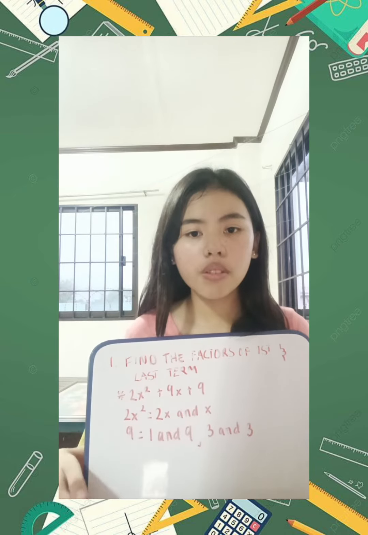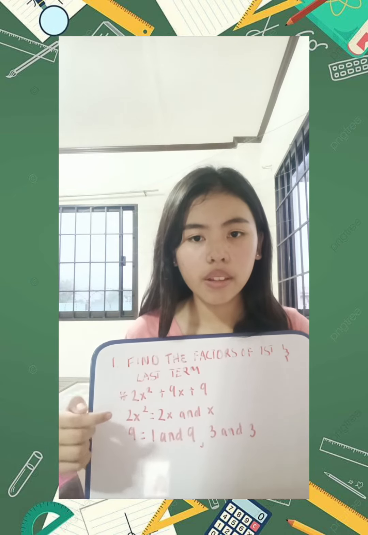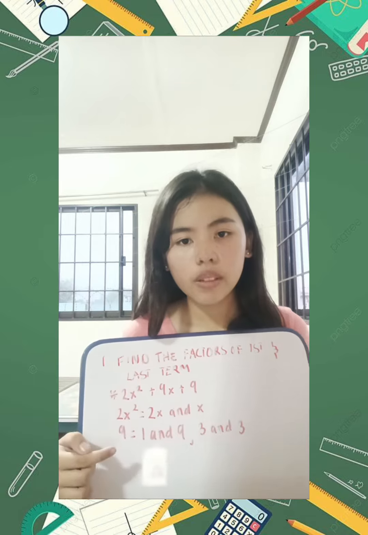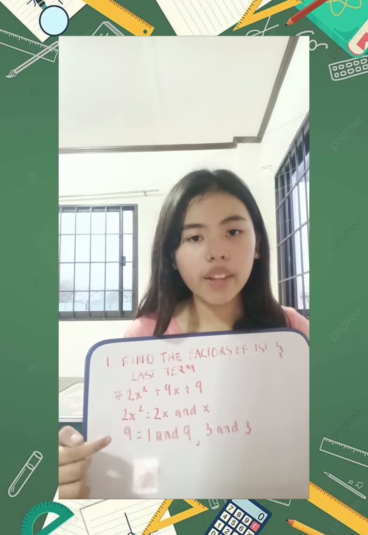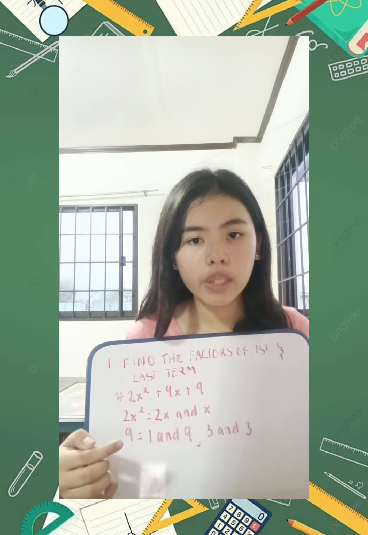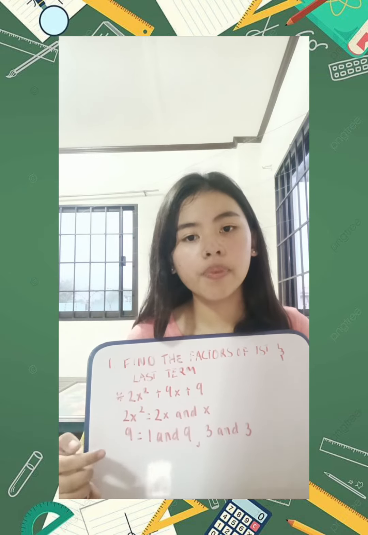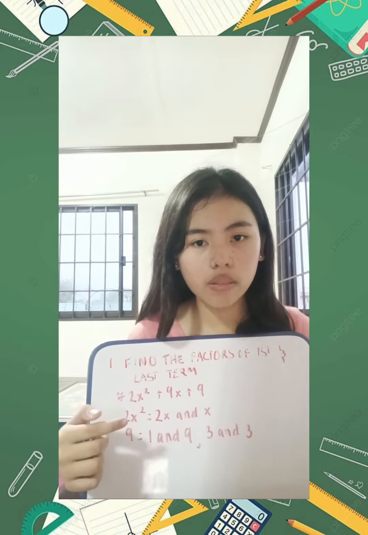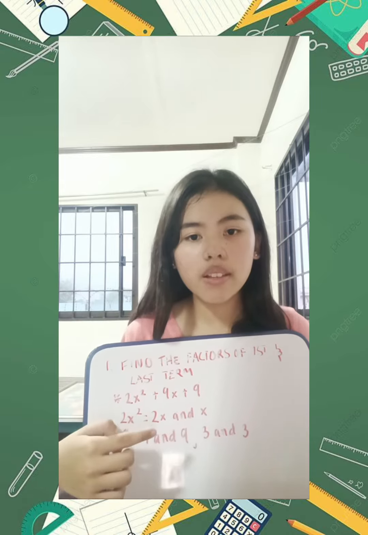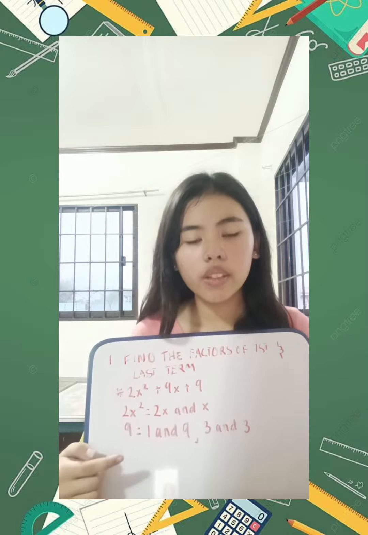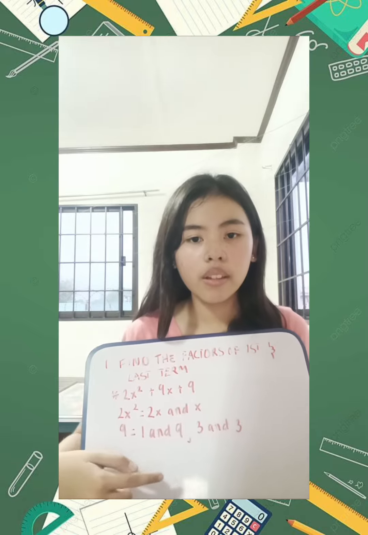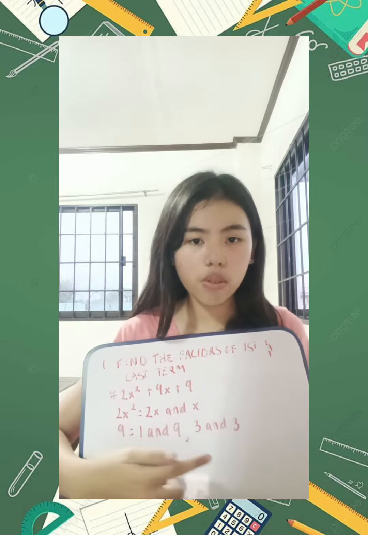The first term is 2x squared and the last term is 9. So you'll find its factors. Let's start off with the first term, which is 2x squared, which is equal to 2x and x. Then for the last term, 9 is equal to 1 and 9, and 3 and 3.